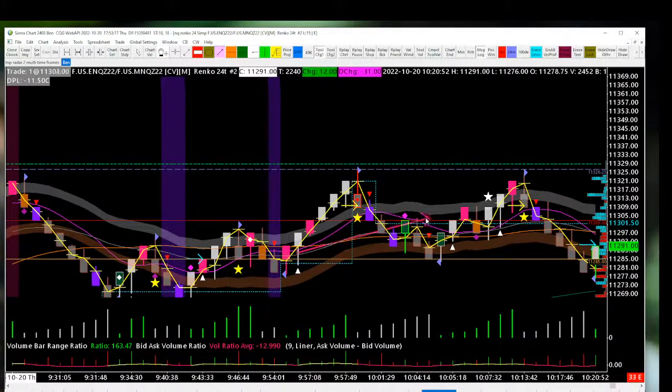Volume gets developed underneath. You would miss this long, right? I might have taken this and gotten a stop, but I definitely would have shorted this. So that's another way to get it, even if you didn't have the POC figured out, because we had an arrow that developed volume below and then came back in and signaled short.